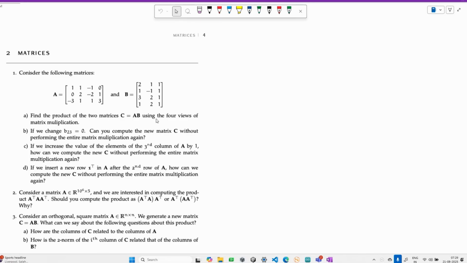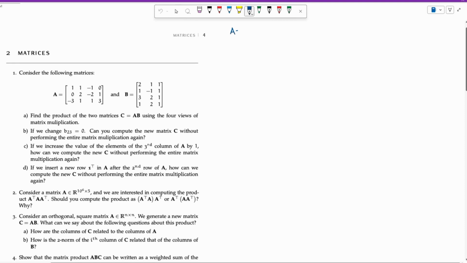Is that the row interpretation? See, these are all things you should know by now. Because as we go along, I might say stuff which involves these ideas and just move on. And if you don't know this already, then it's going to be a problem going forward. We'll look at each one of them.